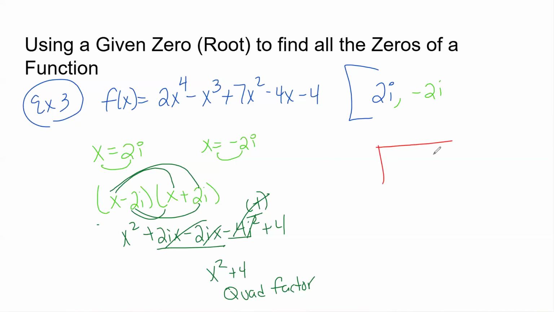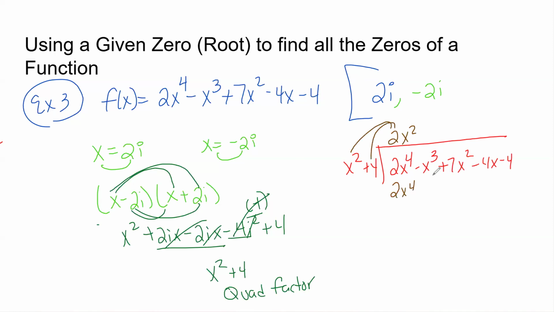Now we're going to take the original function and divide by that quadratic factor. How many times does x squared go into 2x to the 4th? 2x squared. So that would be 2x to the 4th plus 8x squared. Subtract, this is gone.